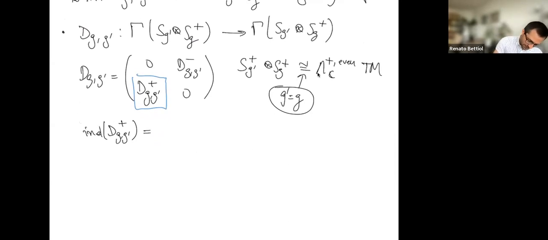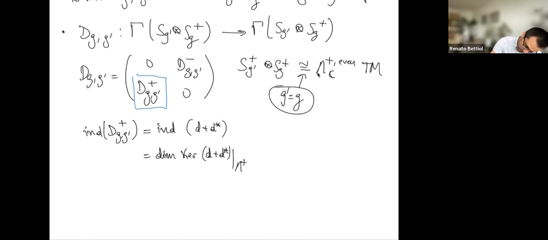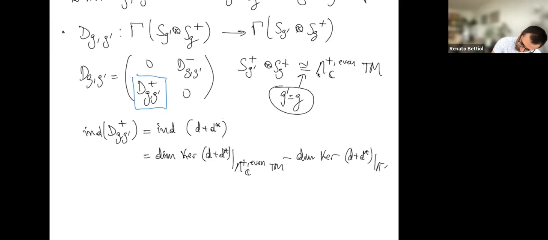So this is the index of, and under these identifications, the Dirac operator here is just d plus d star, as usual, restricted to the right space. So if you compute this index, this ends up being the dimension of the kernel of d plus d star on even plus forms minus the dimension of the kernel of the other operator up there, which is conjugate to d plus d star restricted to negative odd forms.